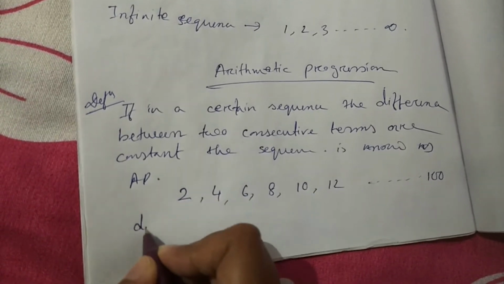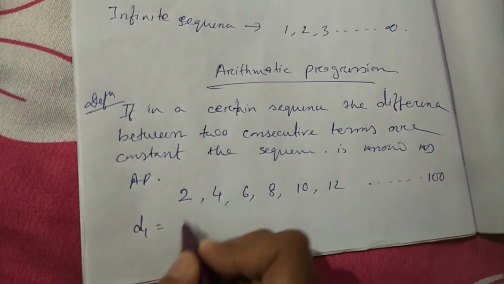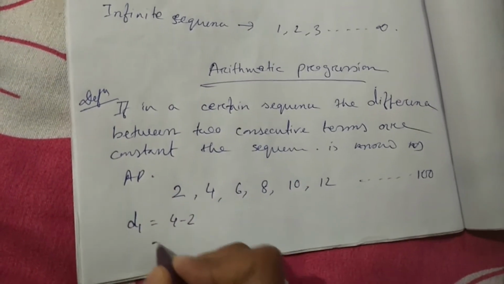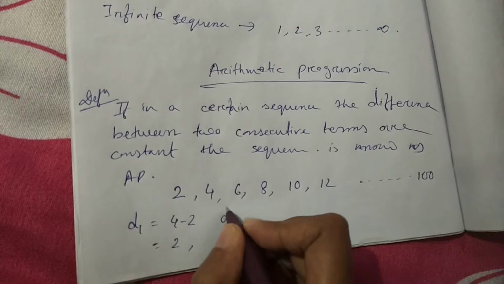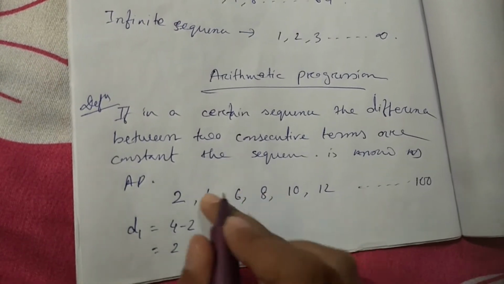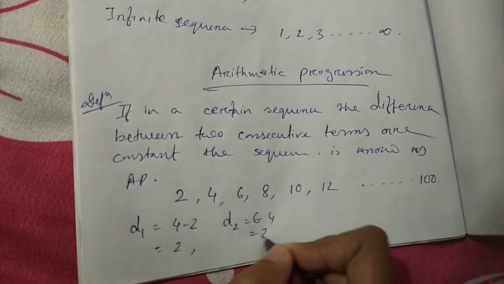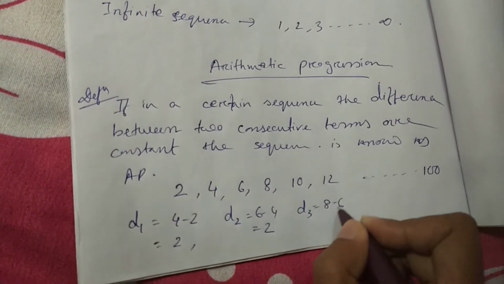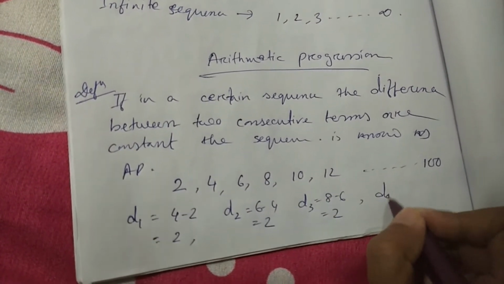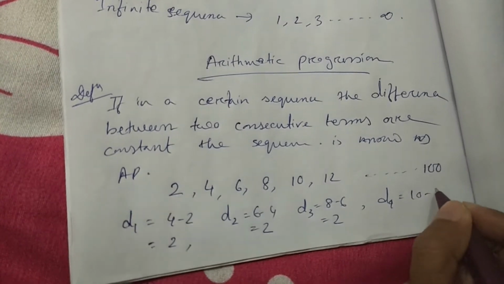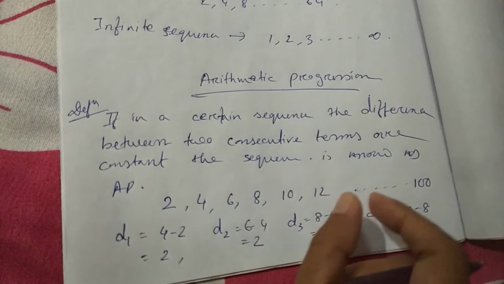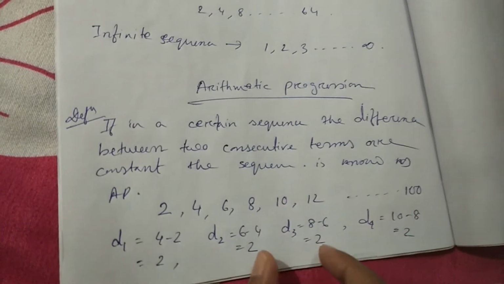Now the difference d1, that is 4 minus 2, the difference between the first two terms, is 2. Difference d2, 6 minus 4, is also 2. d3, that is 8 minus 6, is also 2. And d4, that is 10 minus 8, is also 2. So the difference between any two consecutive numbers is constant.